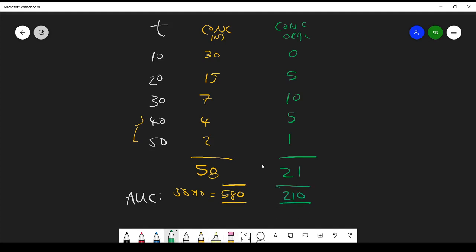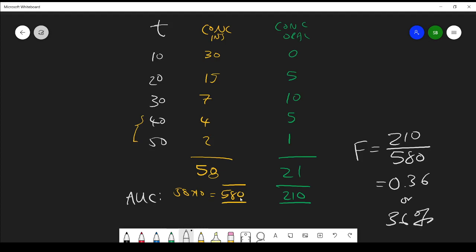So then bioavailability here is 210 divided by 580. Just typing into my calculator, otherwise known as Google, it is 0.36, or 36%. So that's how you use area under the curve.